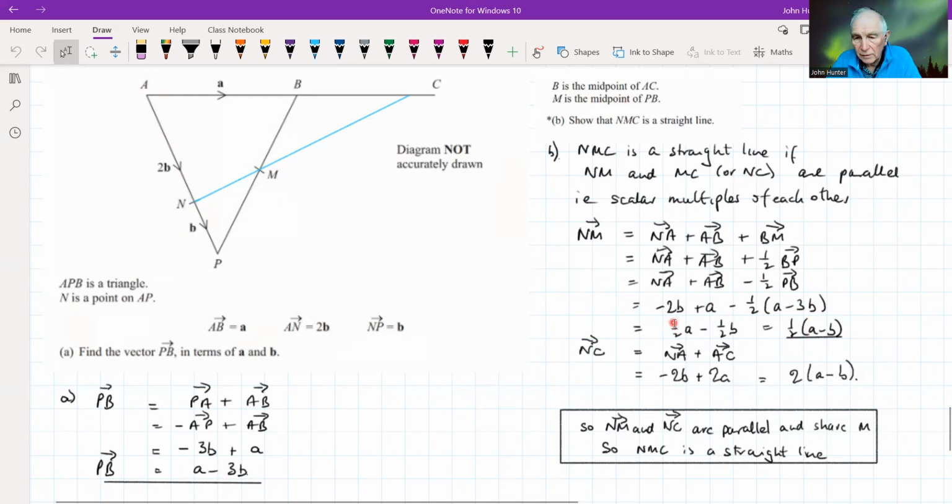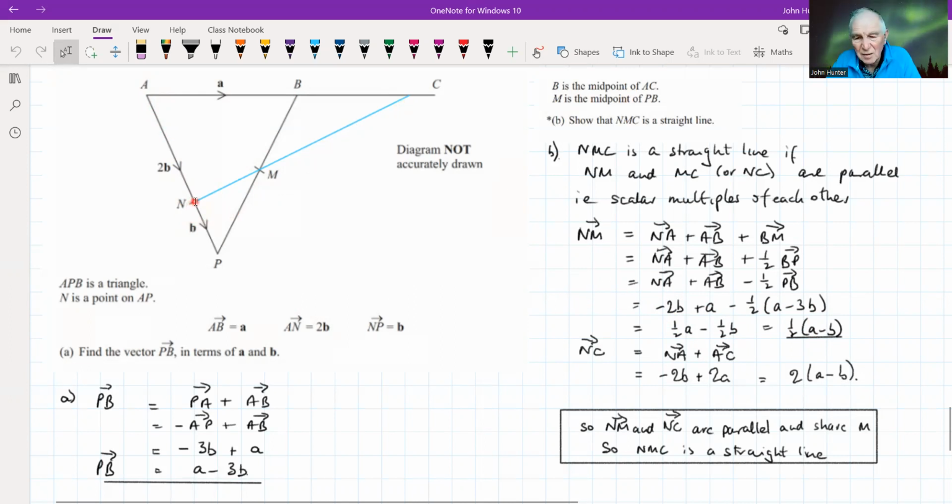Then if we collect like terms together, we get a half of A minus B. And now if we look at NC, it's very similar to the last problem in actual fact.